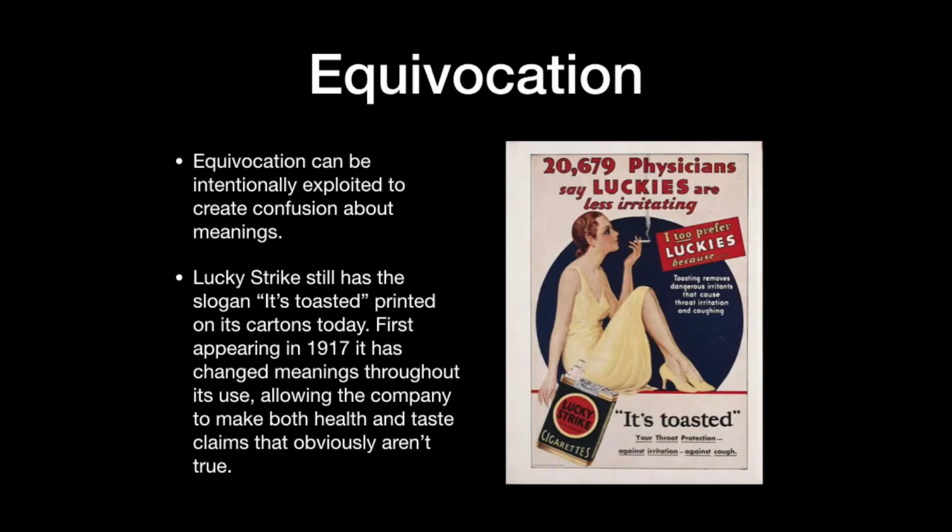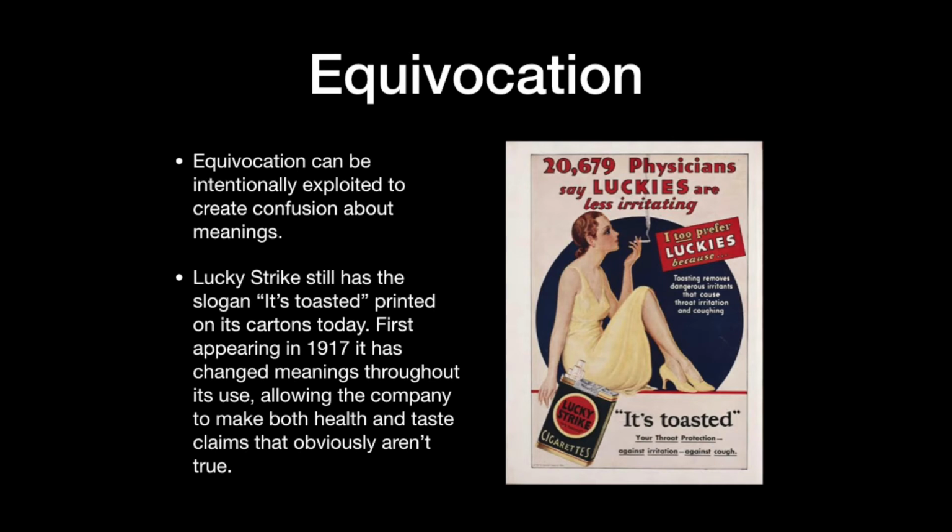Let's talk a little bit more about equivocation. As I mentioned, equivocation can be intentionally exploited to create confusion about particular meanings. An example of this from advertising is Lucky Strike cigarettes. Lucky Strike still has the slogan on its cigarette cartons, "It's toasted."